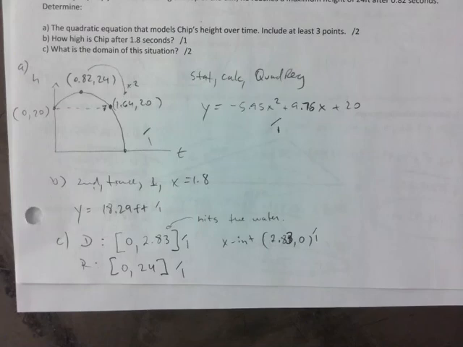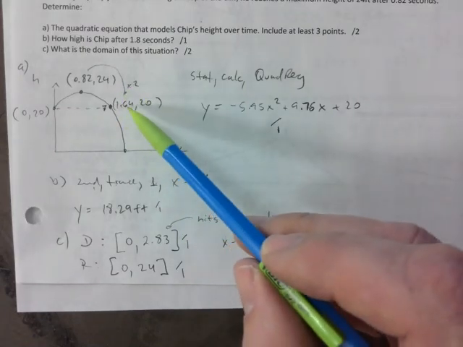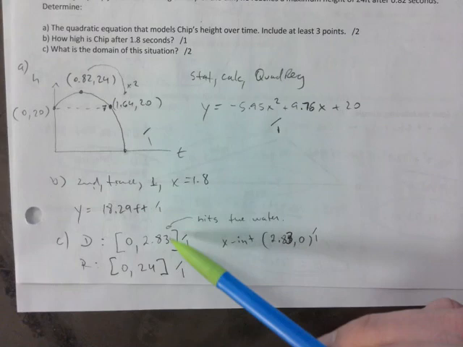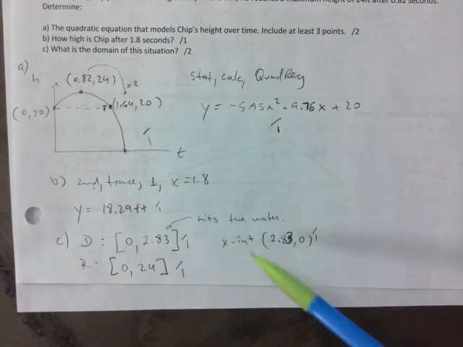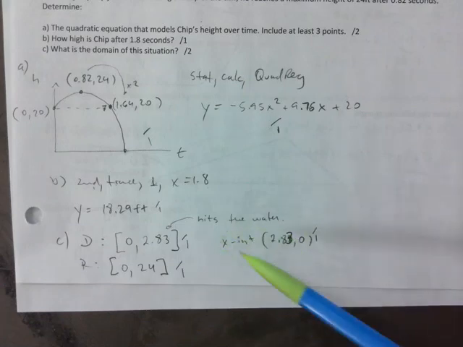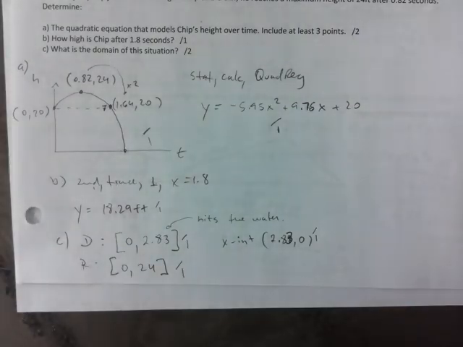If, listen carefully, if you made a mistake and called this 1.64 right here, then your domain obviously is 1.64, right? So in that case, you would lose the mark. You technically didn't do this step, so you lose the mark for actually finding the x-intercept. It's almost like you did less work than what was required.